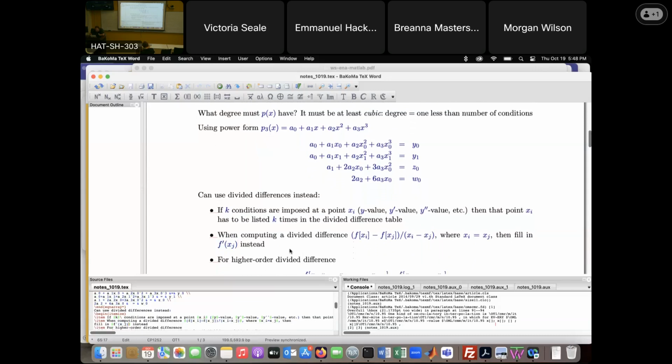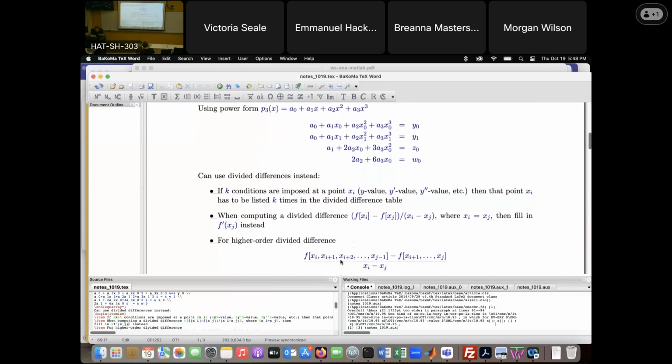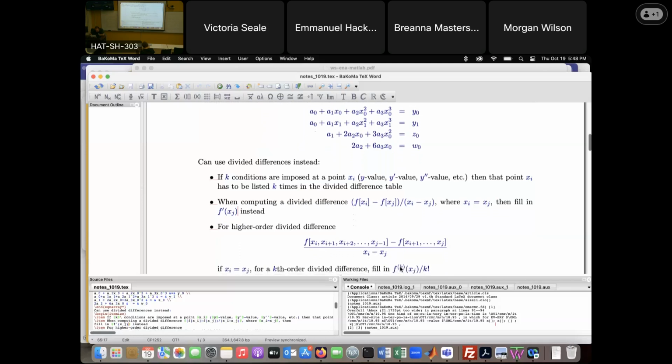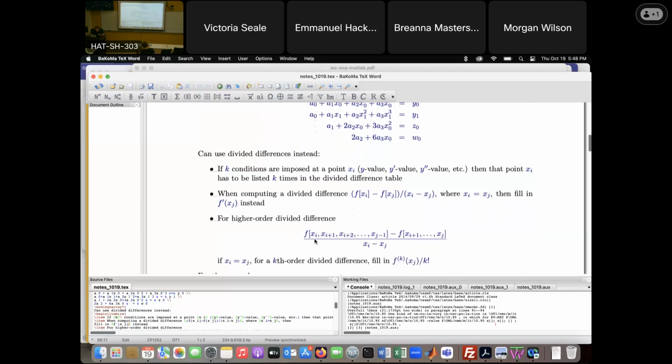Now that's for a first derivative. If you have a higher order divided difference, just something like this, where again xi equals xj, what you have to do is, if your divided difference is of order k that you're computing, and these x values are equal, then what you'll fill in again is a derivative, the kth derivative at that point xj, but don't forget to divide by k factorial.